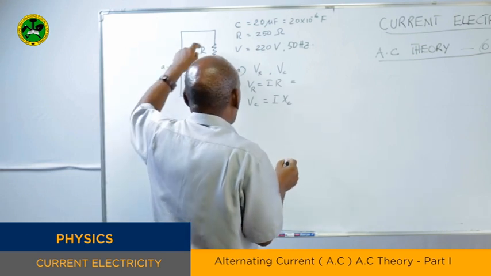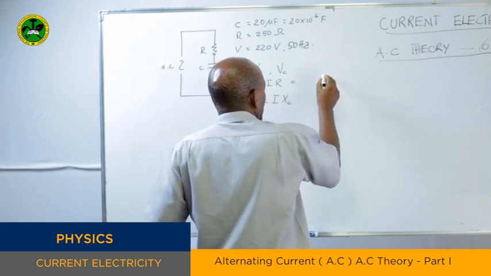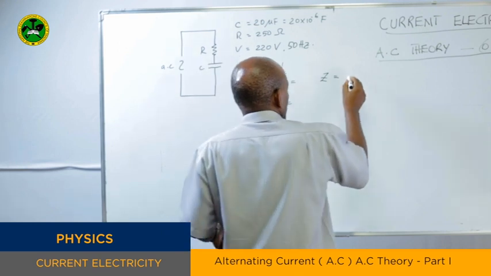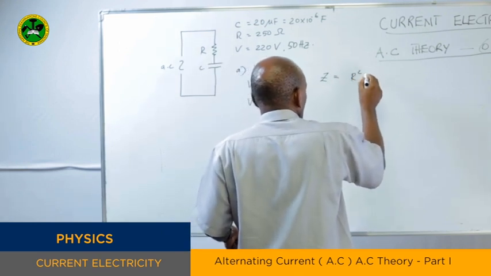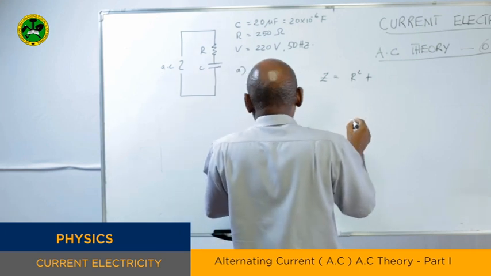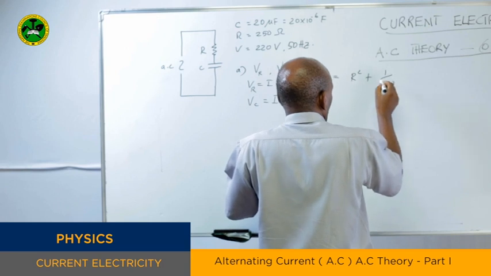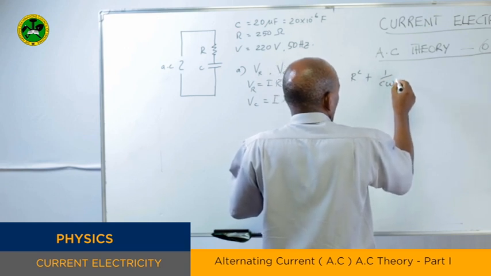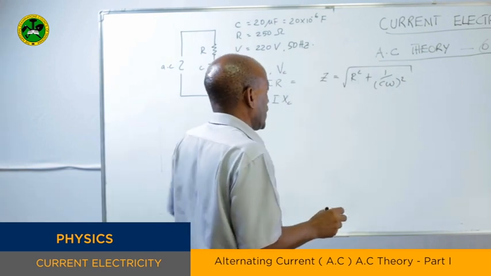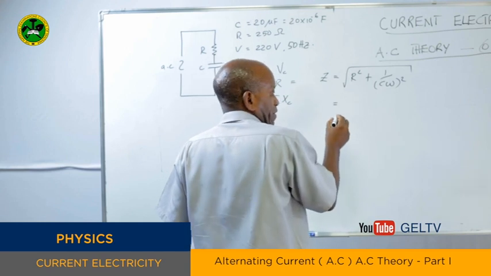Whenever we have a resistor and a capacitor connected in series, the impedance Z will be equal to the square root of R squared plus the square of 1 over omega C. This will give us the total impedance, and we can substitute to obtain it.